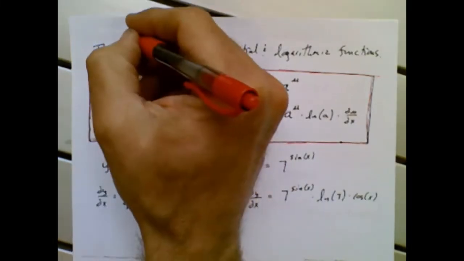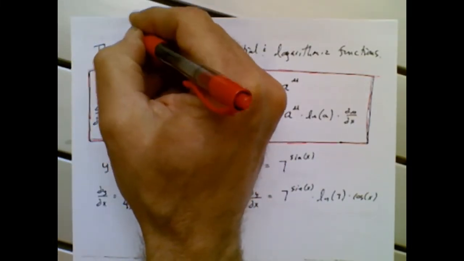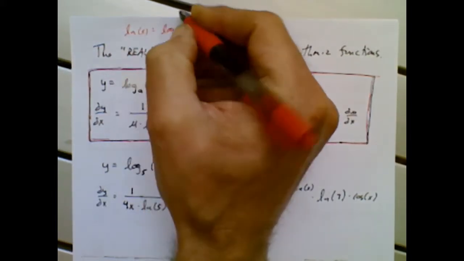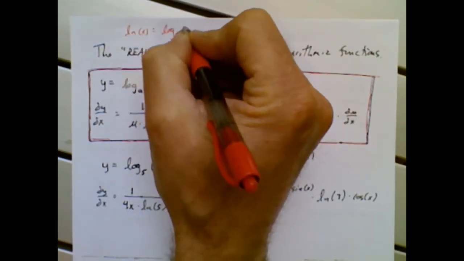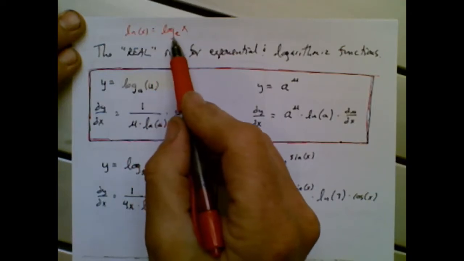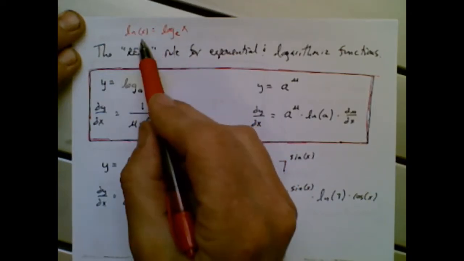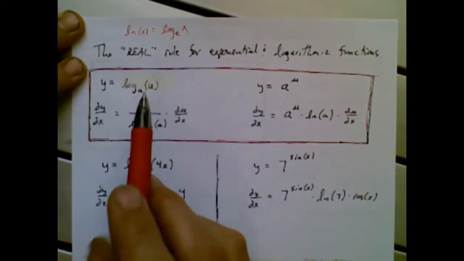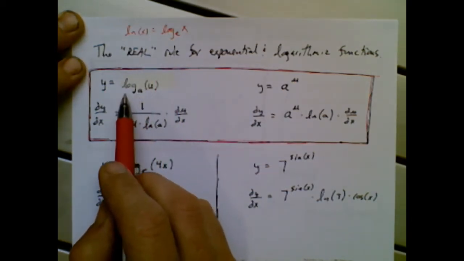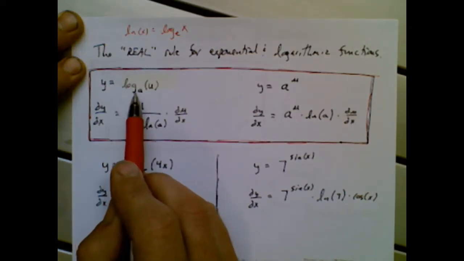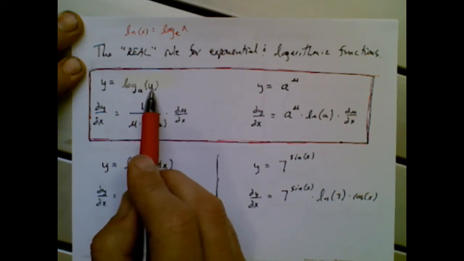Notice before, in the other part of this video, I used natural log of x, which, as you recall from your pre-calculus days, is really log base e of x. Log base e is so popular, it gets its own nickname or abbreviation, which is natural log. But the real rule for exponential functions says, hey, we know that's not always going to be an e, so here it says log base a of something.